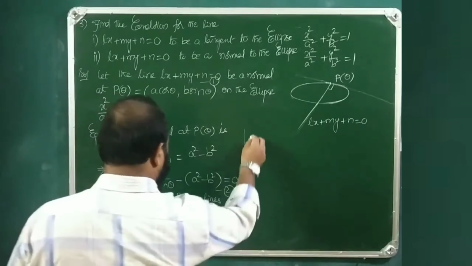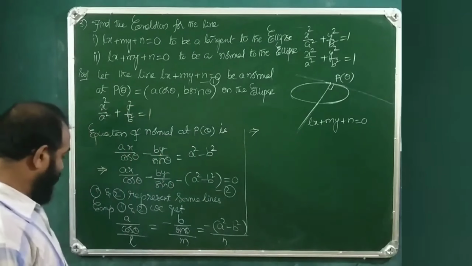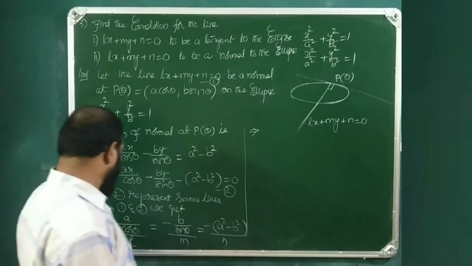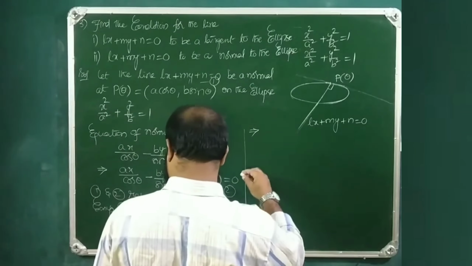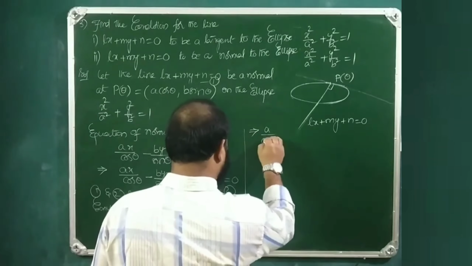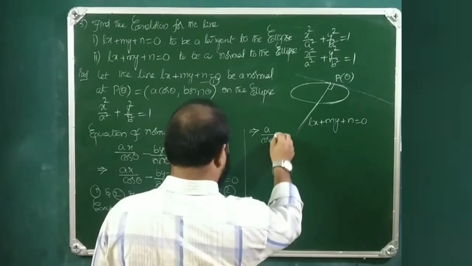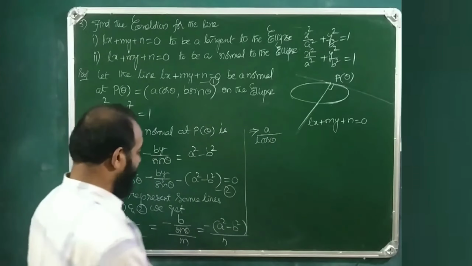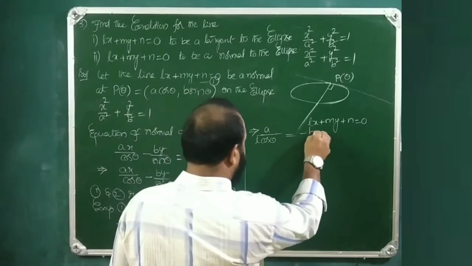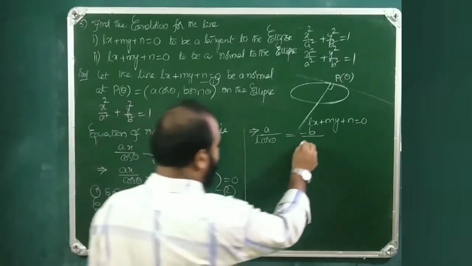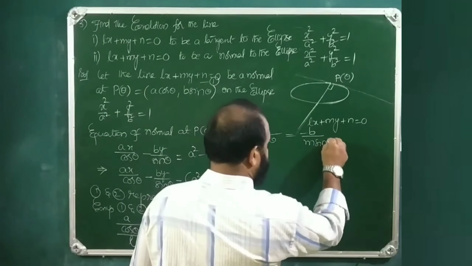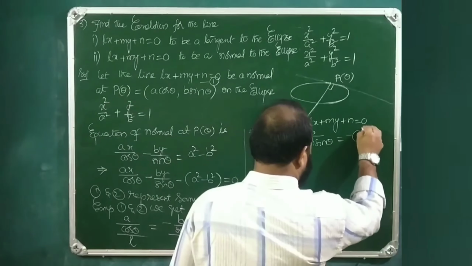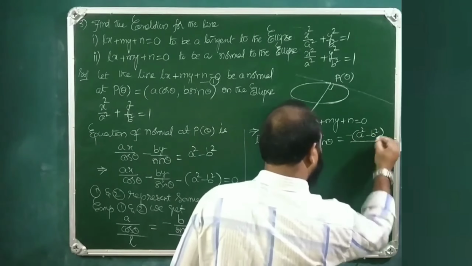So this is equal to a by cos theta by L. So a by L cos theta is equal to minus b by m sin theta is equal to minus of a square minus b square by n.